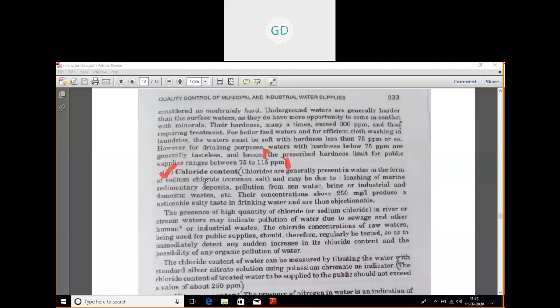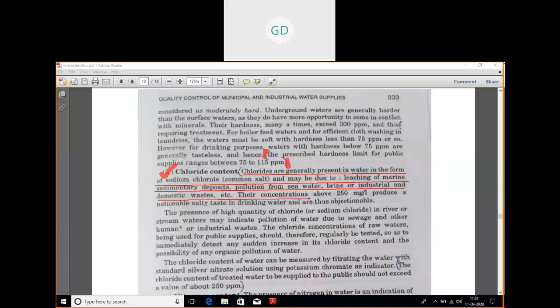So what you can write down is that chlorides are generally present in water in the form of sodium chloride, common salt, and may be due to leaching of marine sedimentary deposits, pollution from seawater, brine, or industrial and domestic waste.